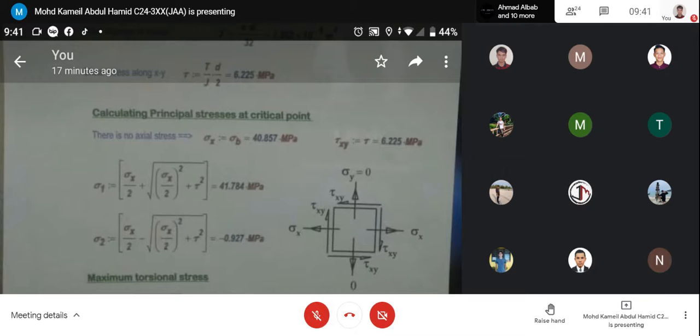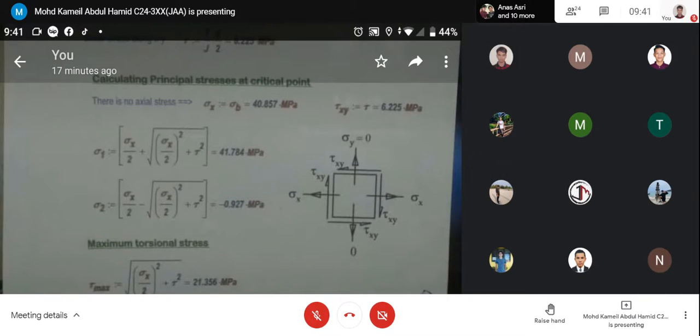For sigma 2, the equation uses sigma x divided by 2 minus the square root. You get sigma 2 as negative 0.927 megapascal. That is your sigma 1 and sigma 2.